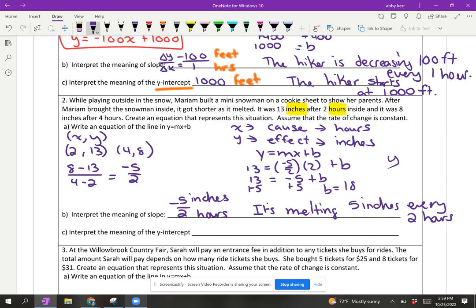So if I want an equation, the equation would be y equals negative 5 over 2x plus 18. And then our starting amount is 18. So the starting height is 18 inches. So make sure you have the unit and the number that goes with it.